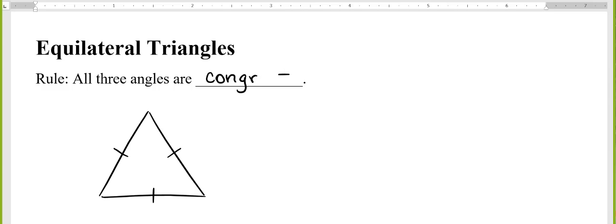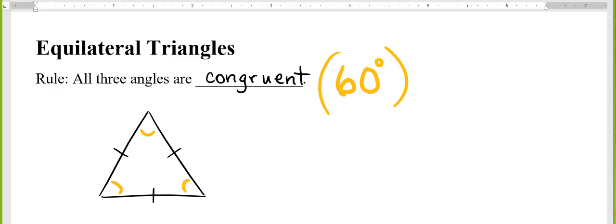Congruent. So watch this. All the angles are the same. And all of them have to be 60 degrees. They're all 60 degrees. 60 plus 60 plus 60 equals 180.